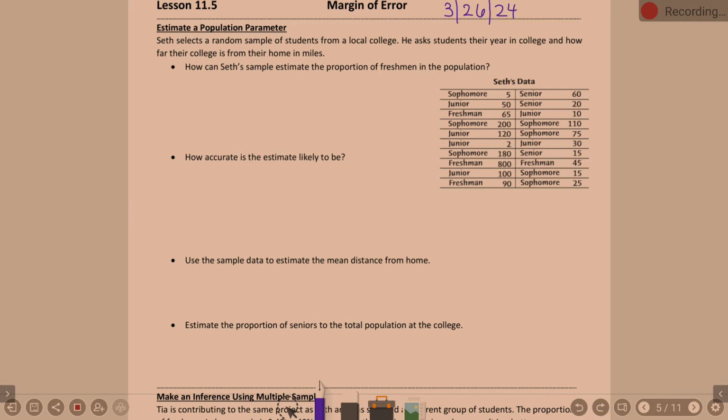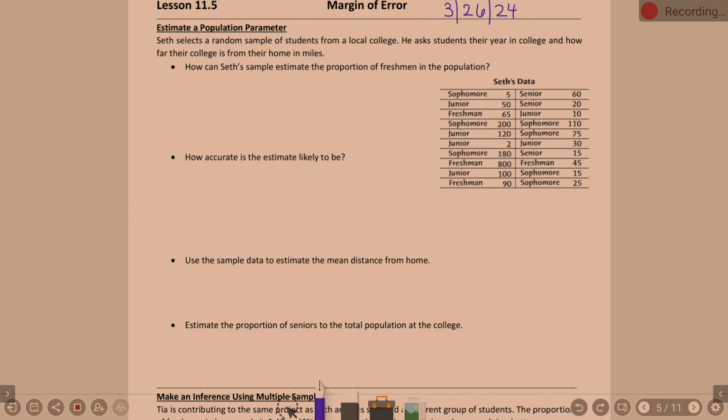We can add up all the freshmen and then divide by the number in the sample. Well, we don't have the information for the whole population, but we do have information for a sample, right? And this sample represents the entire population.